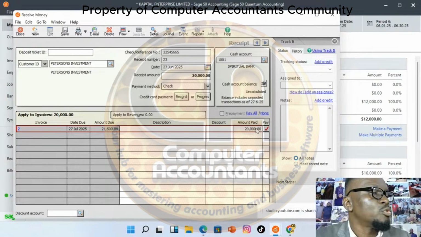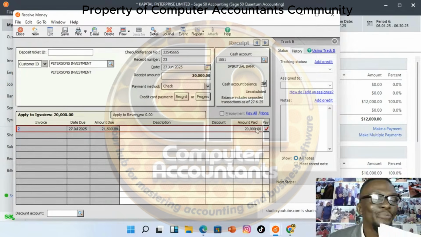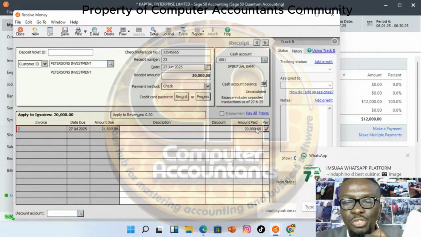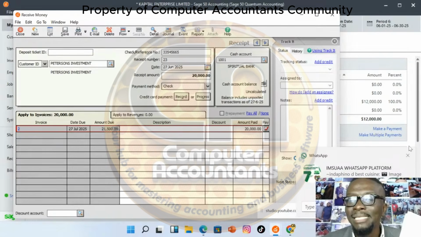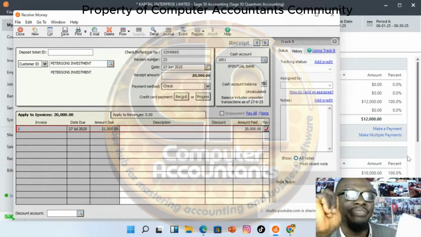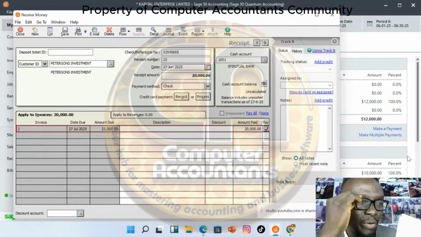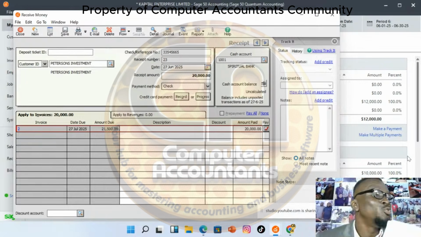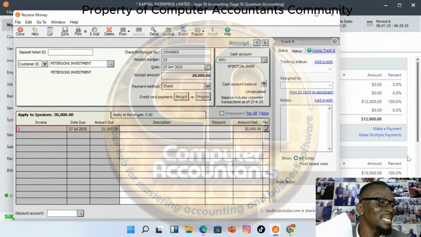Okay, Happiness Habib just wrote, how do we record a transaction that is paid with a teller? It's just what we are doing now. It's just to confirm that this teller is a reflection of full payment from the customer. You have to understand the condition of that teller. Most times in business, I have also seen a company use a teller as an invoice.